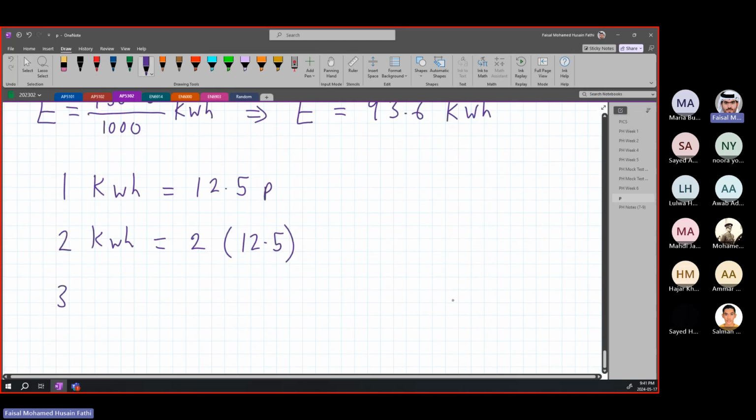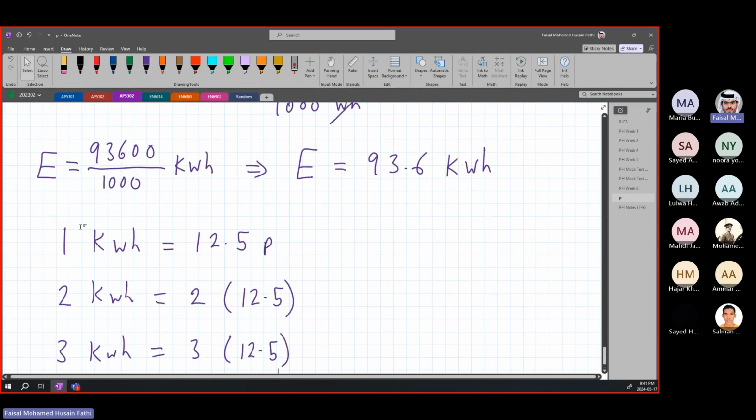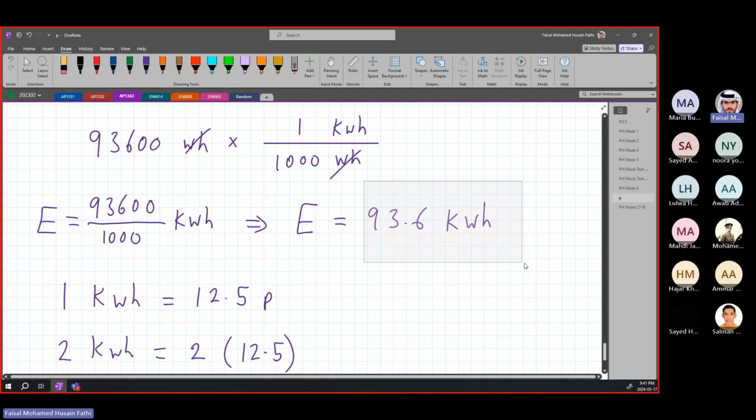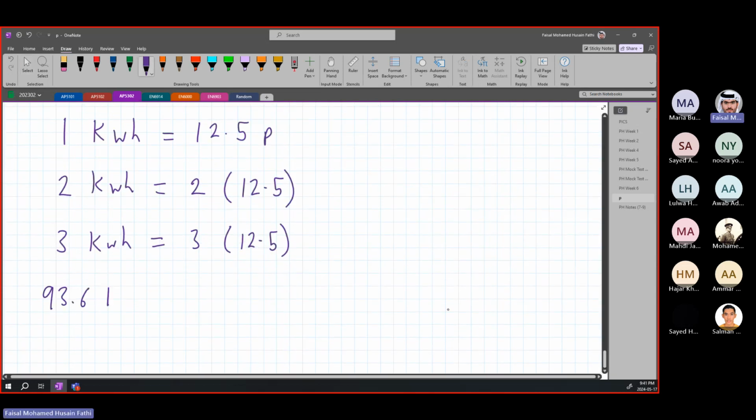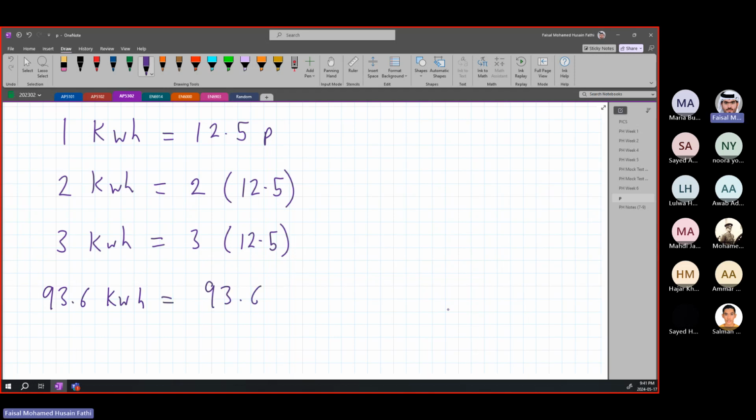If we have 3 kilowatt hour, we multiply by 3. Think of it as if these are water bottles. One water bottle costs 12.5, 2 water bottles will cost 2 times 12.5. Same concept. So 93.6 kilowatt hour is going to be 93.6 times 12.5 pennies.